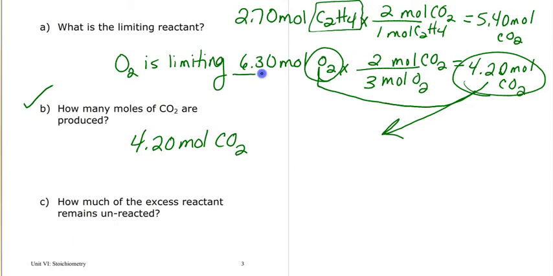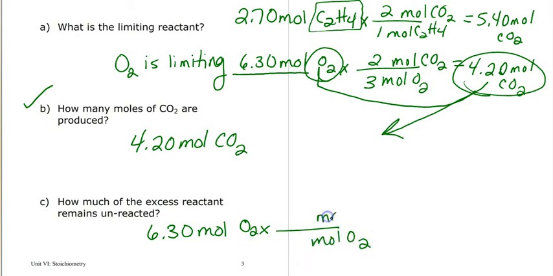And so I have to start with this value here because that is what I have. I want to theoretically find out how much C2H4 I would really need with that. So 6.30 moles of oxygen. Go from mole of oxygen and find out how much of my excess would I theoretically be able to make when I have this on hand with me in the lab.